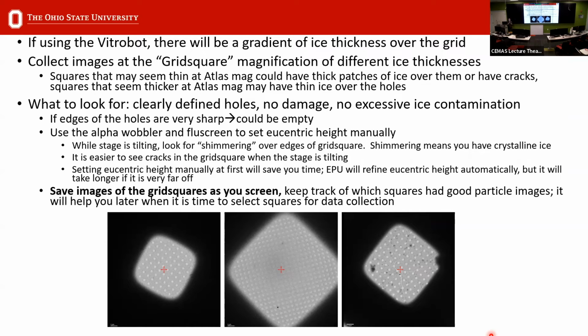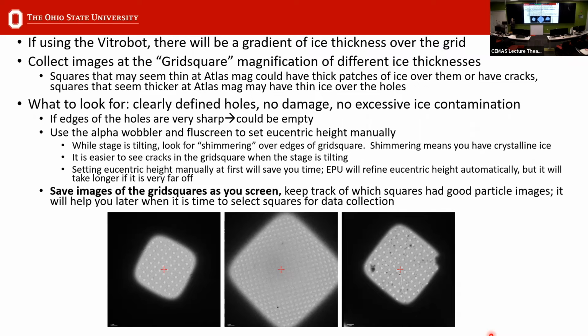If you can just manually get it in the ballpark where it should be, the EPU auto function will go a lot faster. Versus if you just load the grid into the column and go straight to the EPU auto function, it's going to take a long time to find eucentric height. So you'll save some screening time just by taking an extra minute or two to set eucentric height manually.